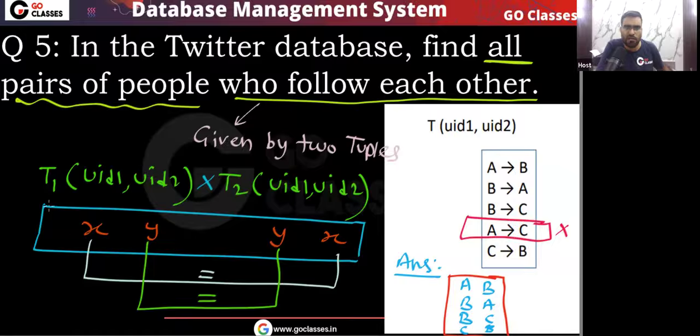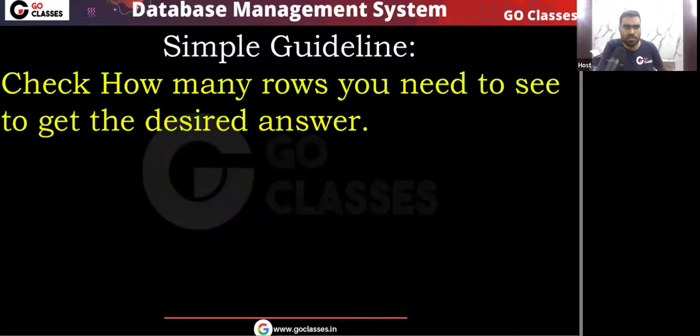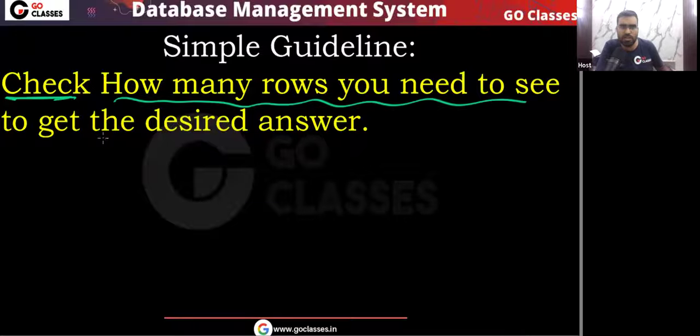Then finally what will I project, please tell me. I will project these two. So finally the answer will be what? You can see that first you check how many rows will give you your desired answer. So you know that two tuples will give me my desired answer. Yes or no?